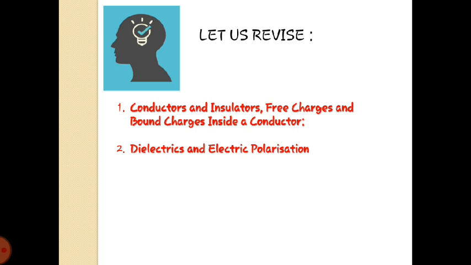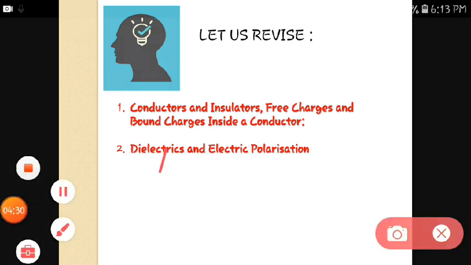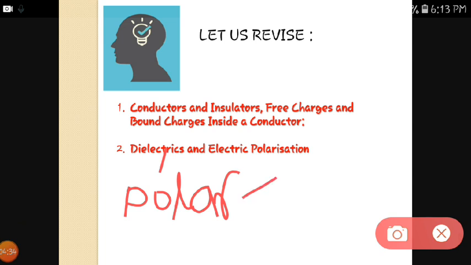Now depending on whether they coincide or not, we get two types of dielectrics. The first type of dielectric is polar. What is a polar dielectric? A molecule in which the center of mass of positive charges does not coincide with the center of mass of negative charges.